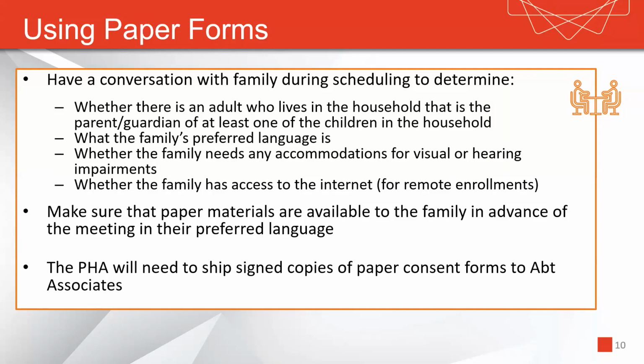We are also looking into the ability for PHAs to upload the consent forms securely directly into the tool to avoid that shipping. But right now, those shipping procedures are described in the PHA recruitment and enrollment manual.